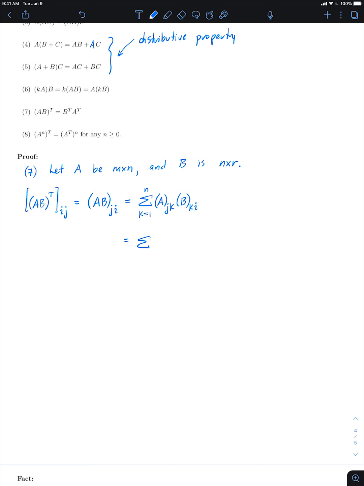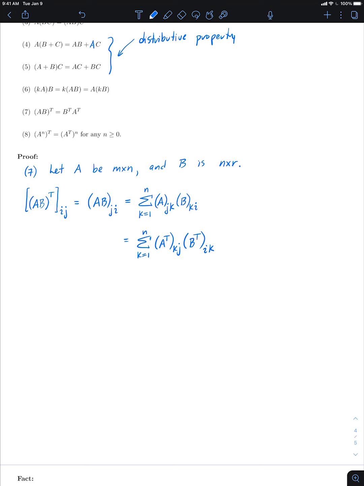So this is the sum from k equals 1 to n of the entry from A transpose in the kth row and the jth column, multiplied by the entry from B transpose in the ith row and the kth column. Notice I swapped those indices at the cost of adding a transpose. And similarly here, these indices got swapped, but that's because I added the transpose.